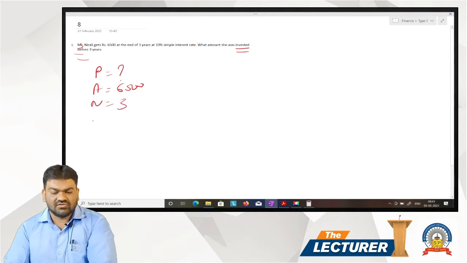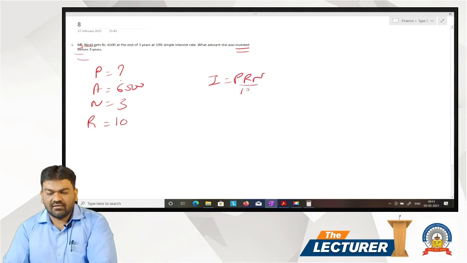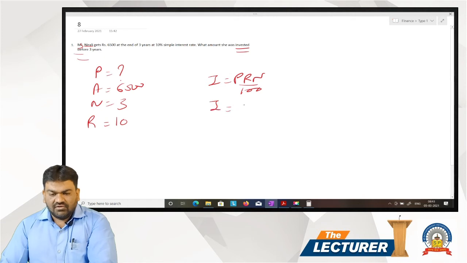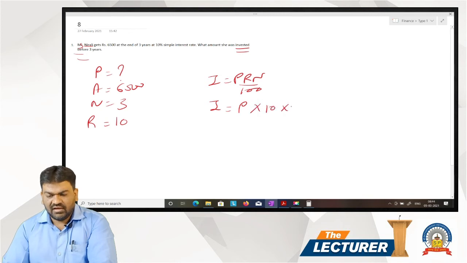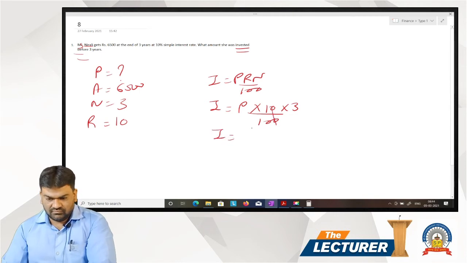N is equal to 3 and R is equal to 10. I is equal to PRN upon 100. P we have to find out, R is equal to 10, N is equal to 3, divided by 100. So I is equal to 0.3P.